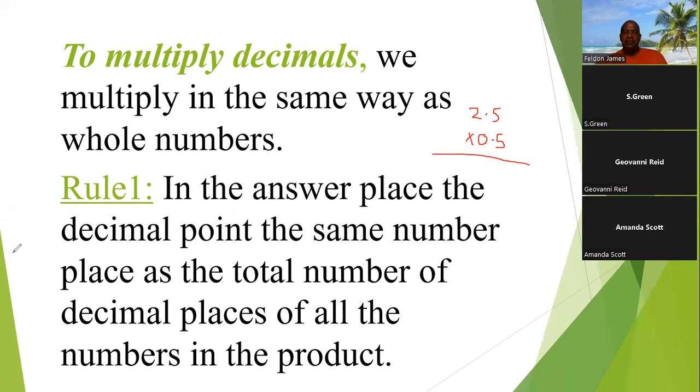But if we should find the total number of decimal places for all of them, what is the total number of decimal places you have here? Anybody? Go ahead. Two, sir.